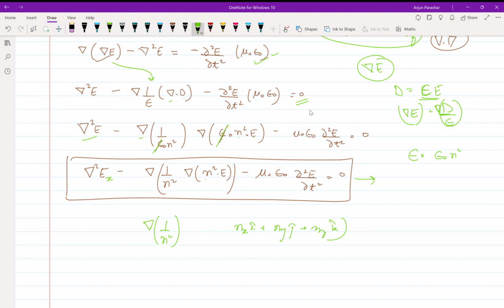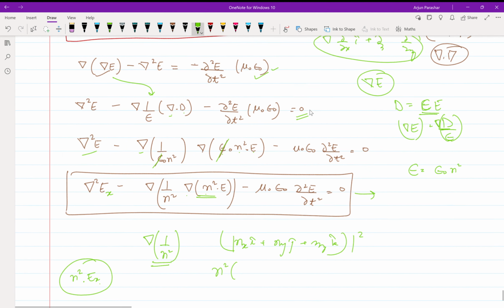Then you can calculate n square, which will be the magnitude only, not the direction. So it is very simple to do. When you take the dot product and then apply the divergence, it is just the mathematical physics course that you studied in your first semester of graduation, not that hard.